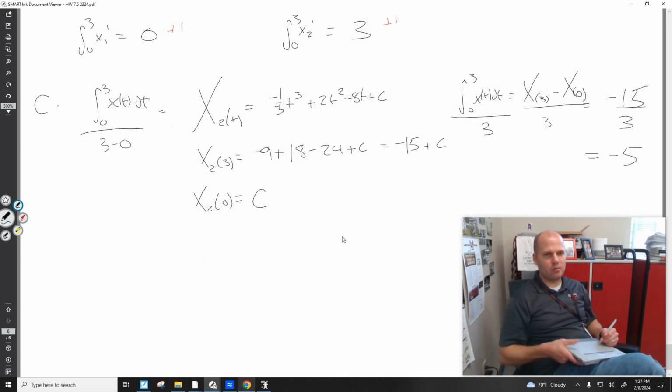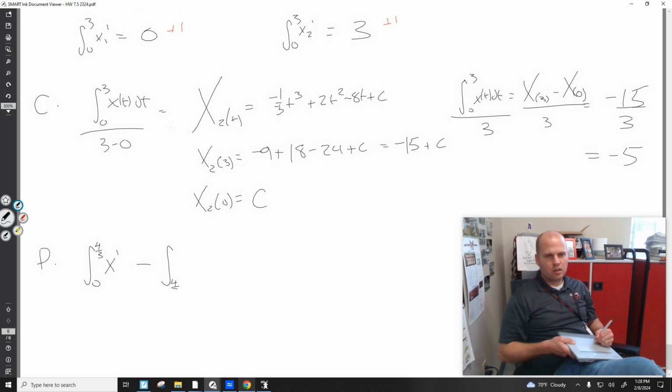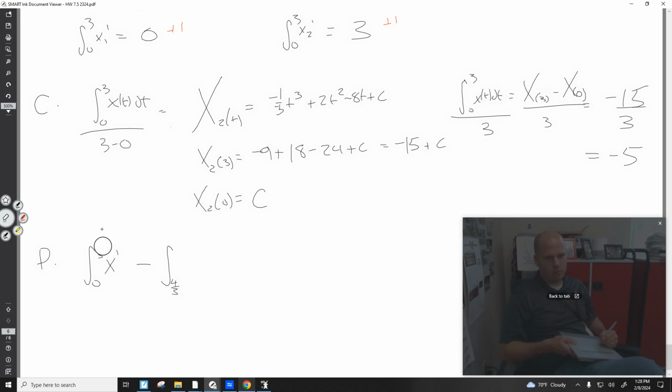Now, how would I show that with all of the work? I would say I accumulated, this is without an absolute value, which may be something that I actually ask you to do, my derivative from 0 to 1, which is a positive value.